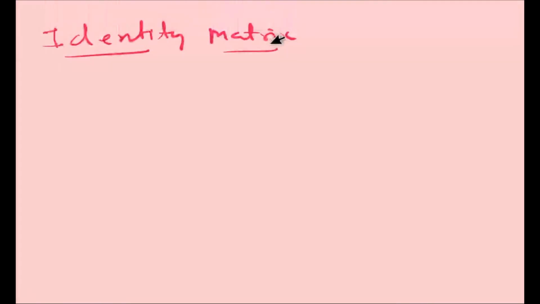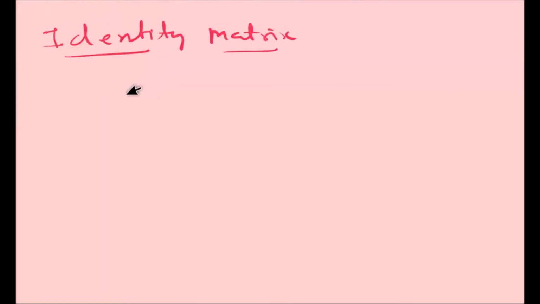Now we can describe the identity matrix. What is the identity matrix? An identity matrix is a square matrix, a diagonal matrix, and also a scalar matrix, where all the members of the diagonal are 1.